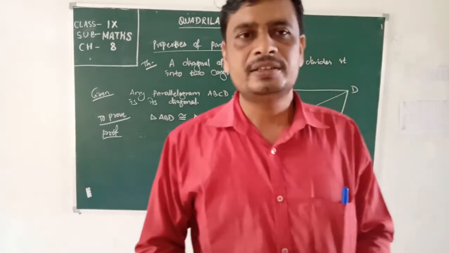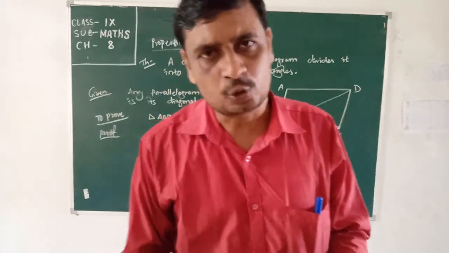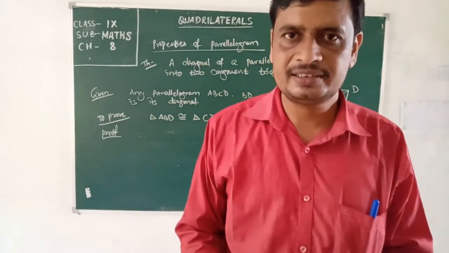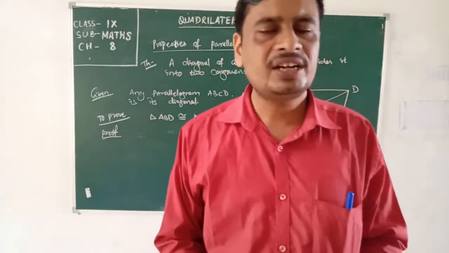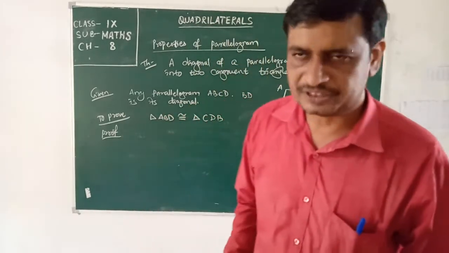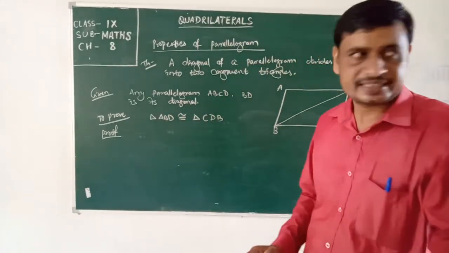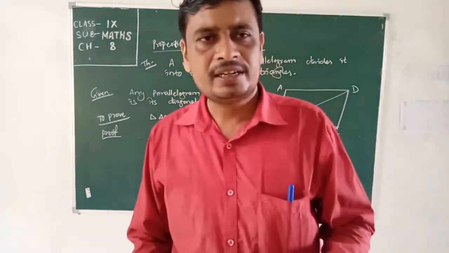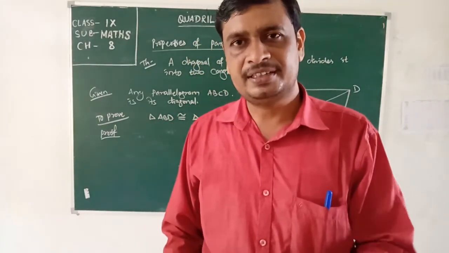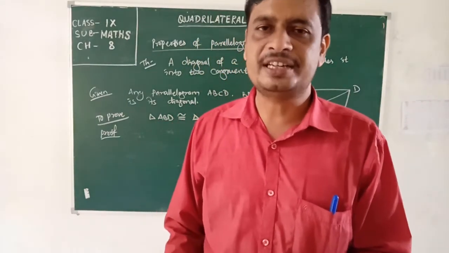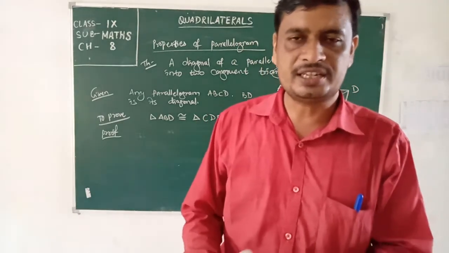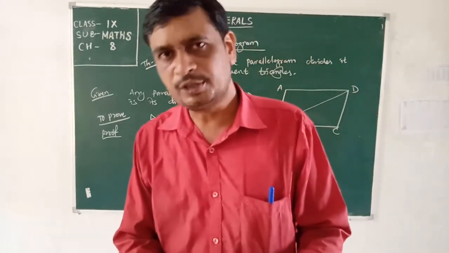If they follow any rule of congruency, then we can make them congruent there. So first we will take both the triangles and try to obtain the data which are required to follow the congruency.